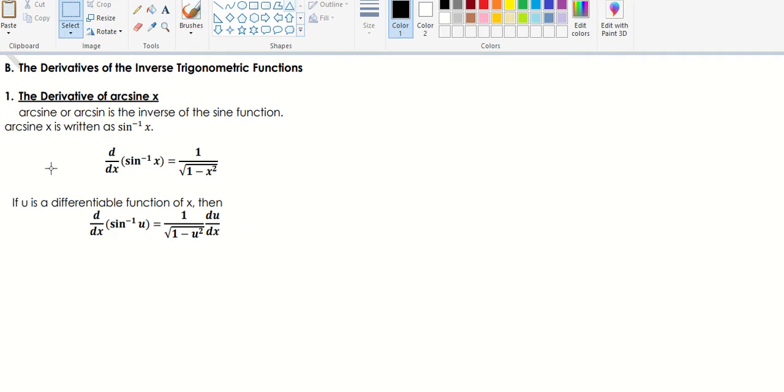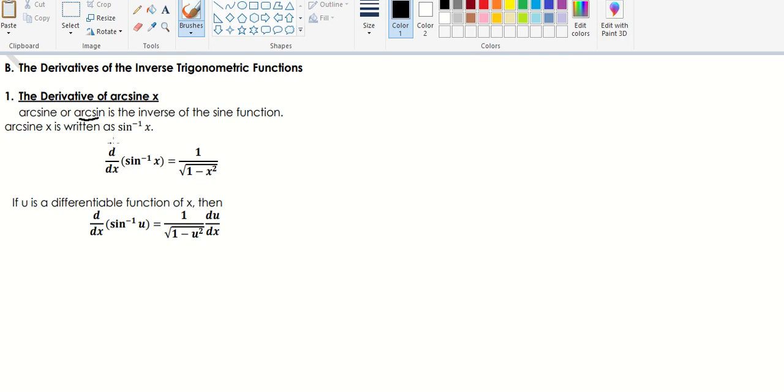So we have here the derivative of arc sine x. Okay, when we say arc sine x, that means inverse yung ating pong ibig sabihin nito, no? Pag sabing arc, that is inverse of sine x, no? Baka lang makalimutan ninyo. Okay? Now, arc sine, ito po yung ating pong symbol, is the inverse of the sine function.